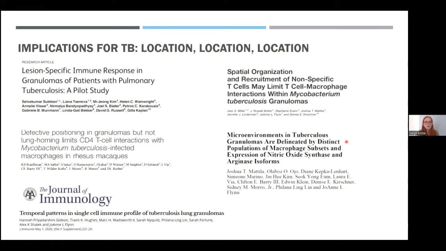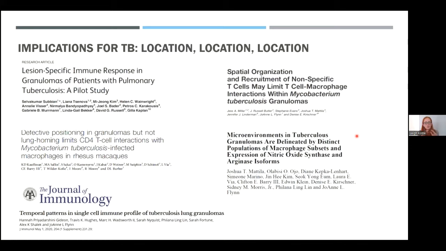So in addition to the cell type composition of granulomas being incredibly important, there are also numerous publications that demonstrate the spatial positioning of these cells within the structure is greatly determinant of the protective outcome of individual granulomas.